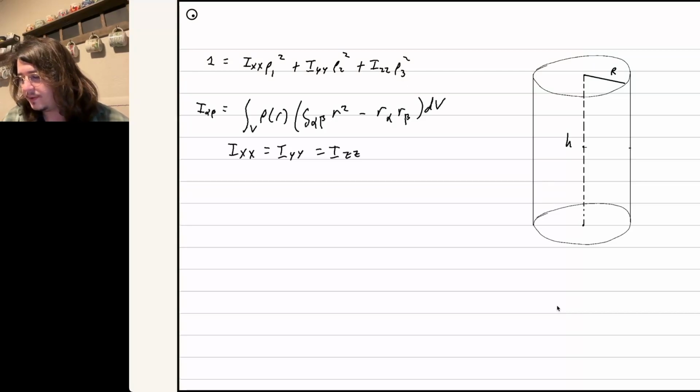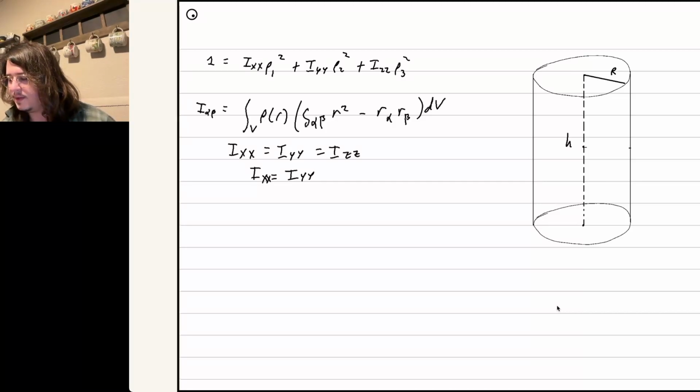For a cylinder, Ixx is equal to Iyy anyway from symmetry. So we really only need to find Ixx and Izz in terms of these mystery variables, and then solve for h over d.